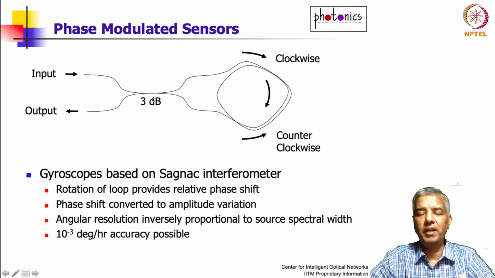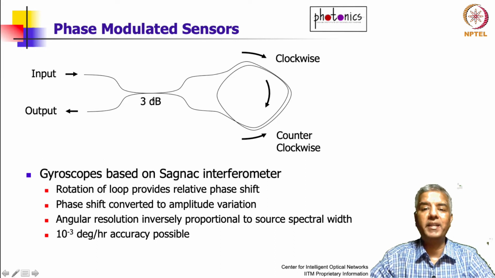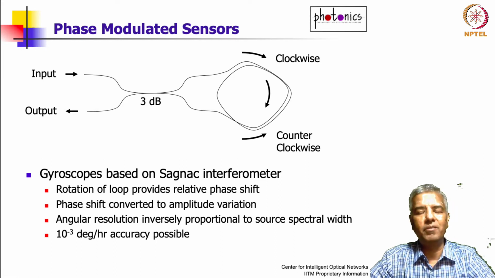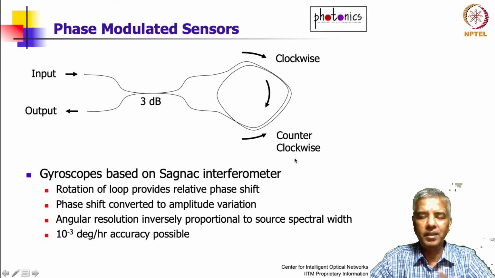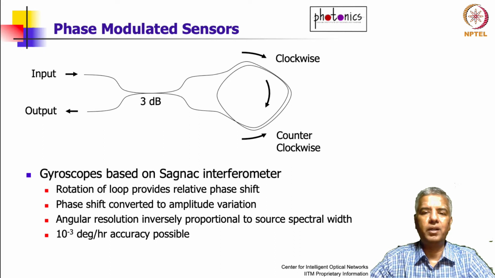So it's actually a very quiet interferometer, the quietest interferometer that you can find out there, and it's called a Sagnac interferometer. It won't change for anything other than just rotation. And so it's actually a very, very sensitive measurement of rotation.